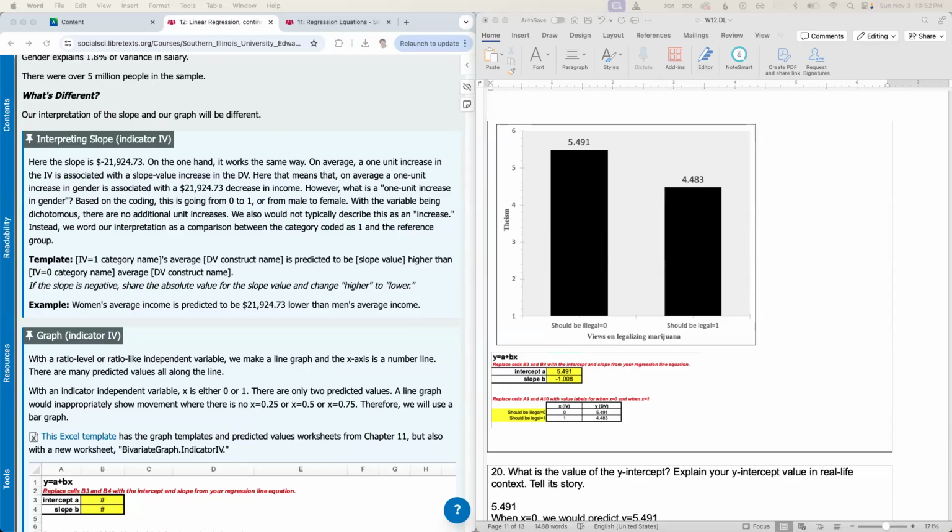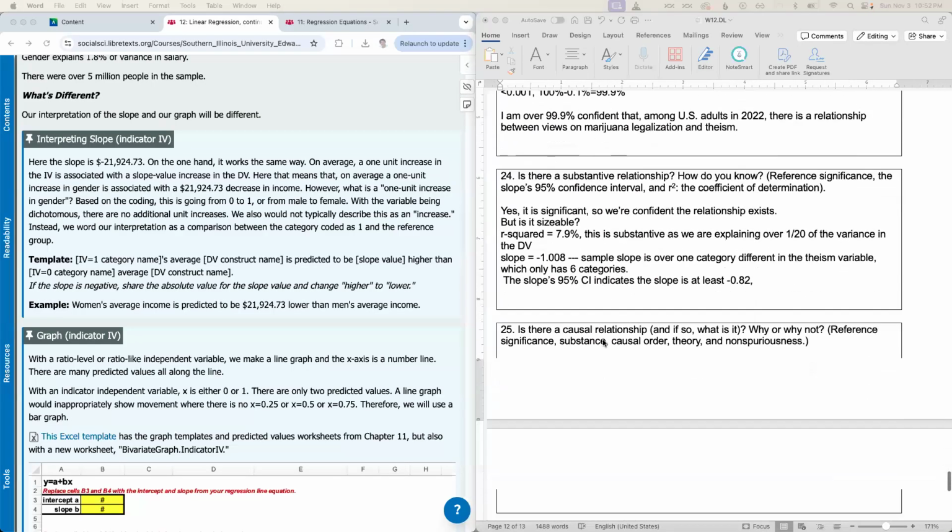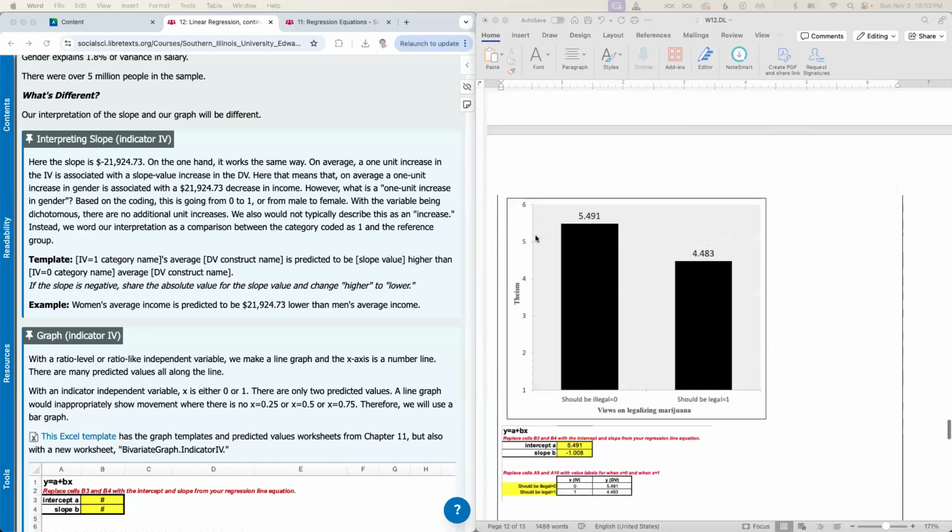If we were to do 0.82 divided by 5, that's 16.4%, right? So we're confident that among the whole thing, it's at least 16.4% different in terms of the amount of this.